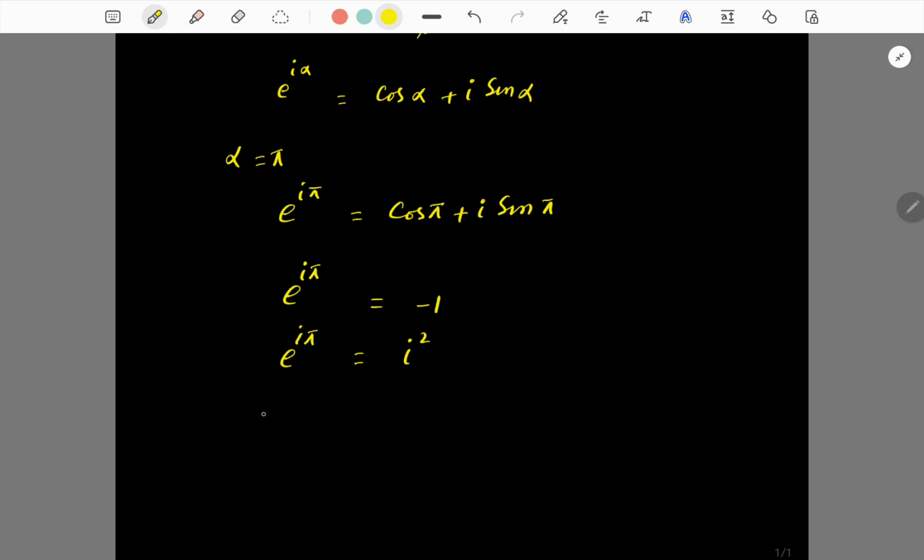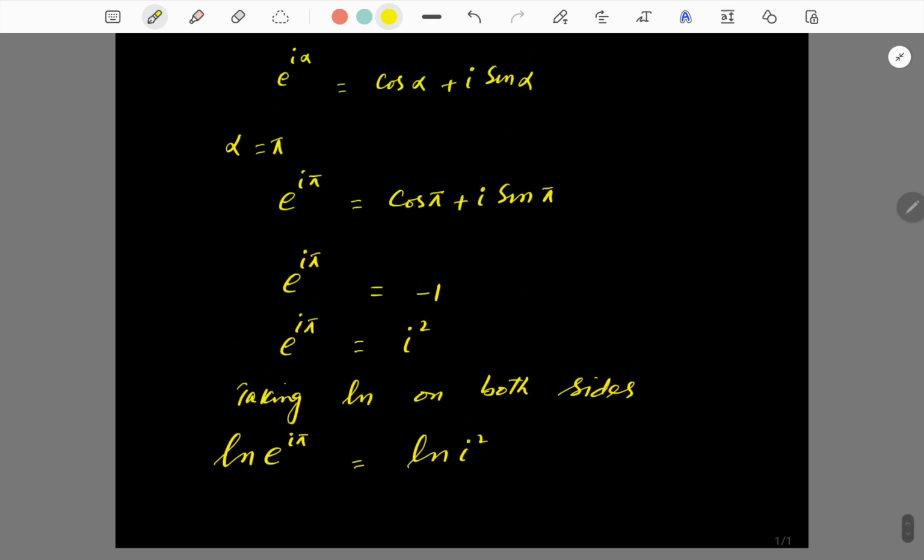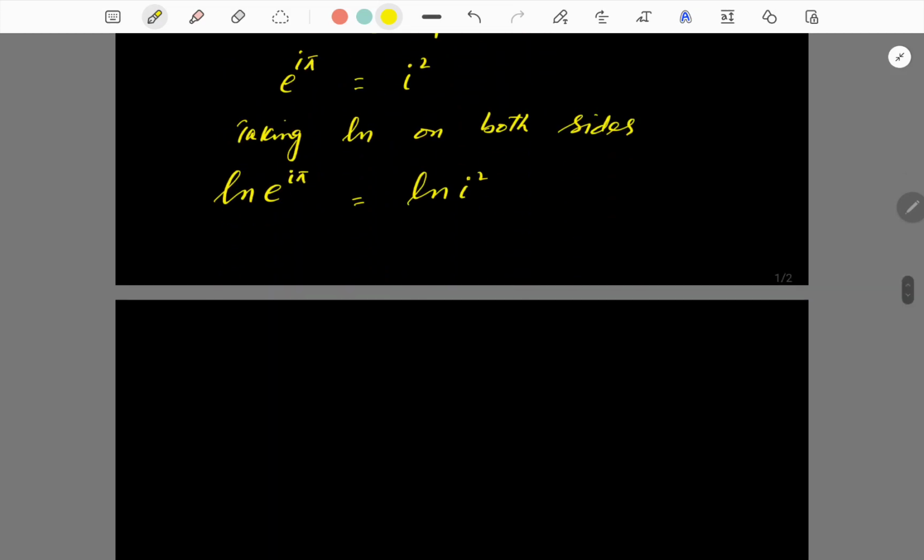So from here, again taking natural log on both sides, natural log of e power iota pi is equal to natural log of iota square, and here again this will come here and this will come here.